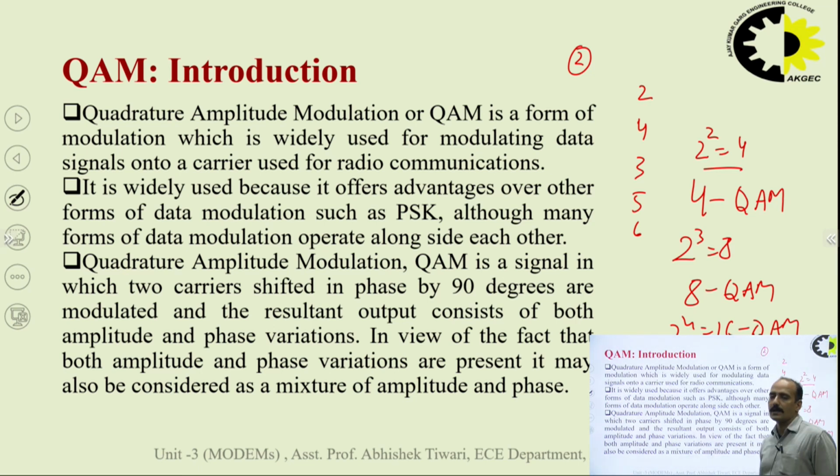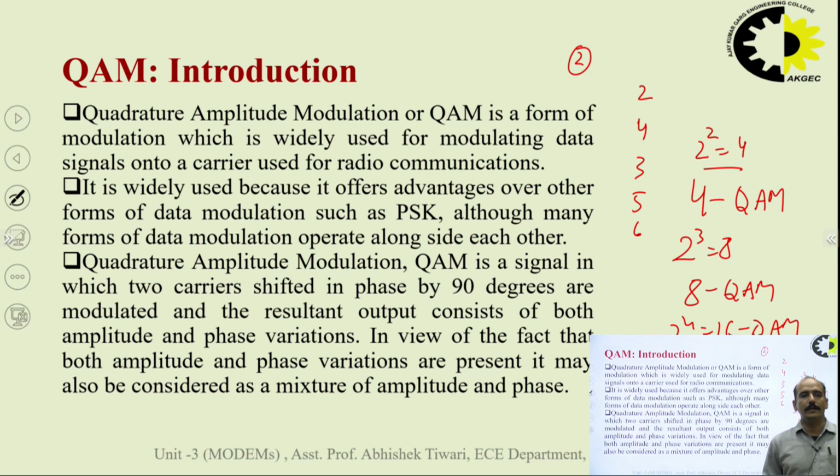So the basic modulation technique for QAM is the same as for QPSK, means you are going to use a quadrature carrier and another one, an in-phase carrier. You can see that quadrature amplitude modulation is a form of modulation that is widely used for modulating a data signal onto a carrier for radio communication.